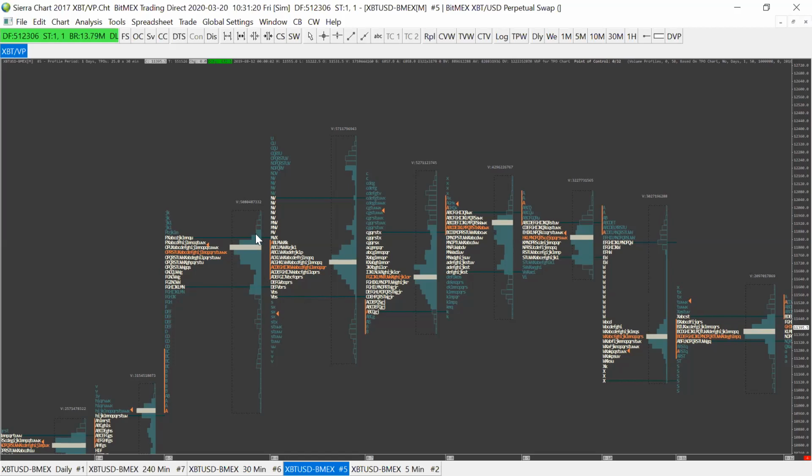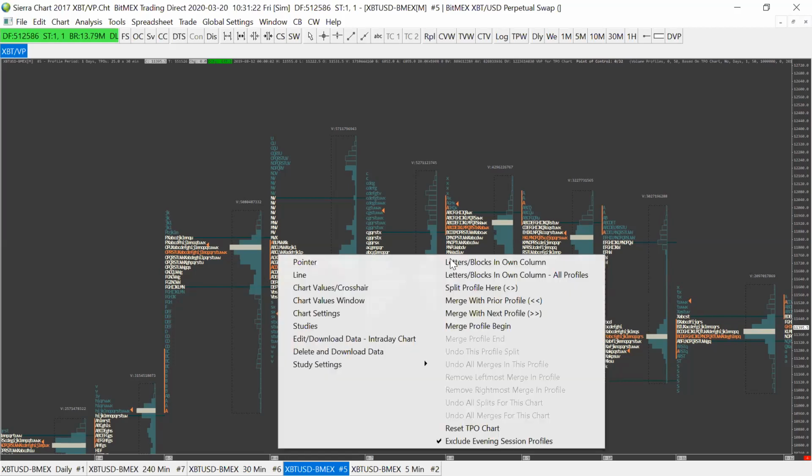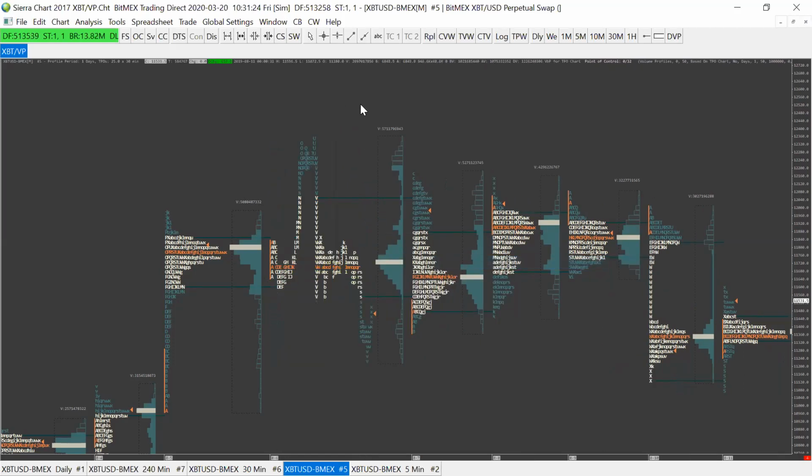So if I split this up and mark out the previous day's value area high, the idea is that when price moves out of the previous day's value area and then comes back into it here, you can short it with a stop above the previous day's high, targeting the other side of the previous day's value area low.